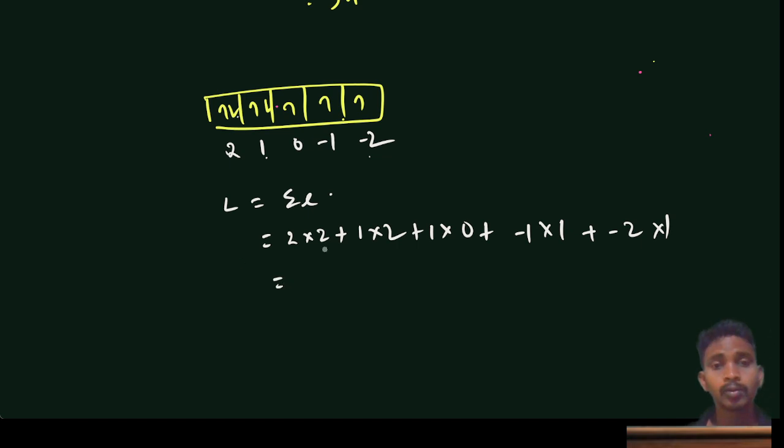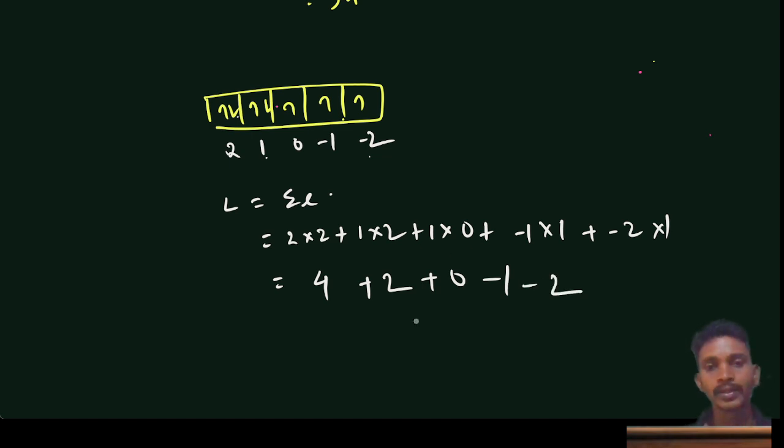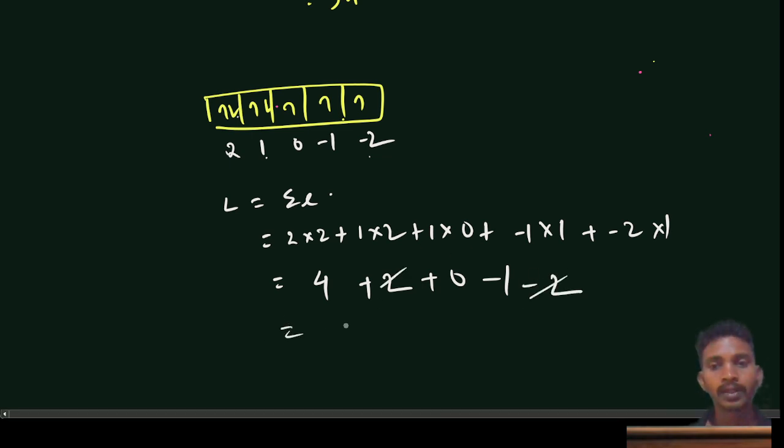So this is 4 plus 2 plus 0 minus 1 minus 2, which gives 3. So the L value is 3.